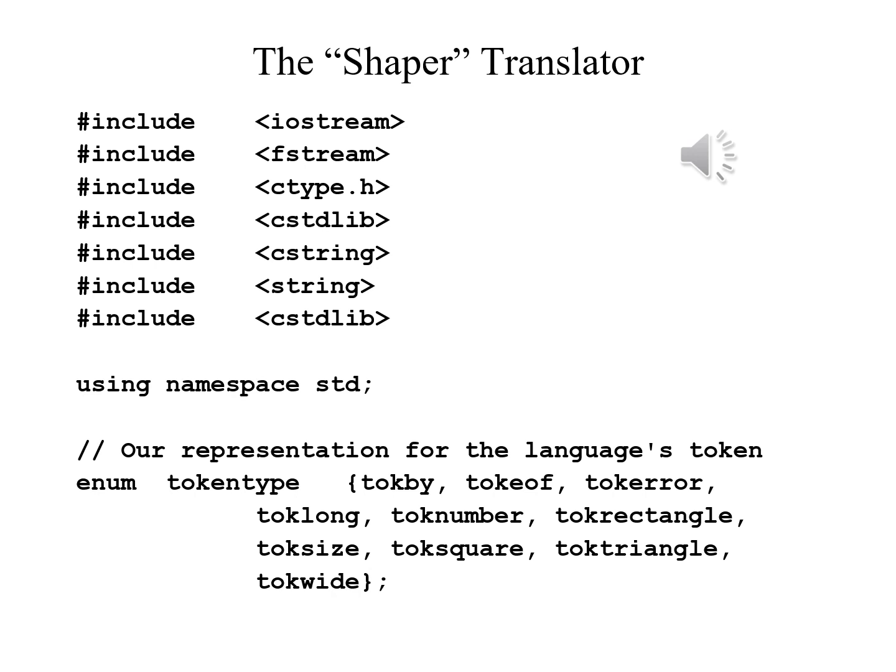And what you'll see here also is a representation for the tokens of the language. It's an enumerated type, essentially meaning that we have tok_by is 0, tok_EOF is 1, and so on. We begin all of these with the abbreviation tok, T-O-K, to indicate that these are tokens.